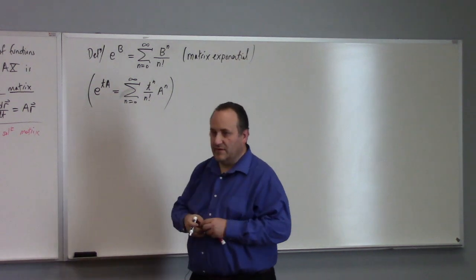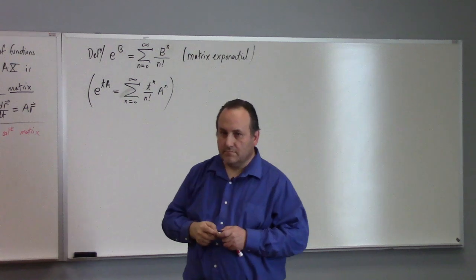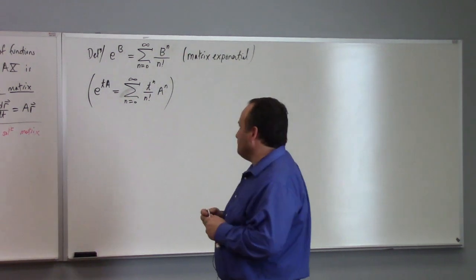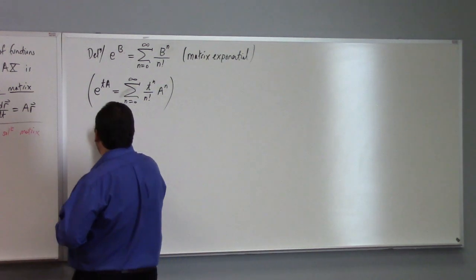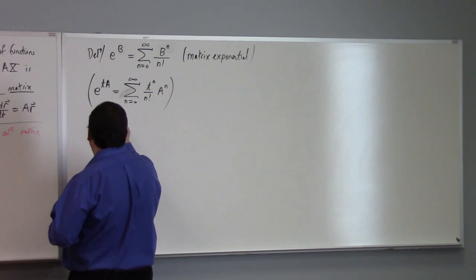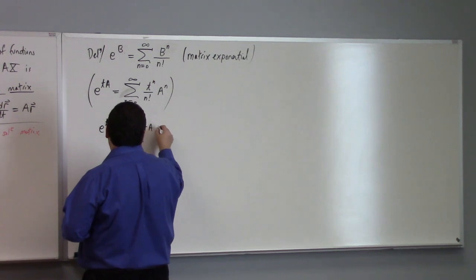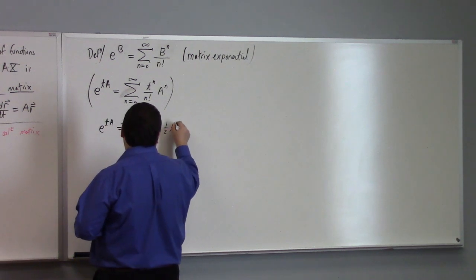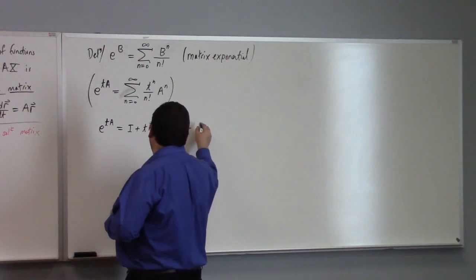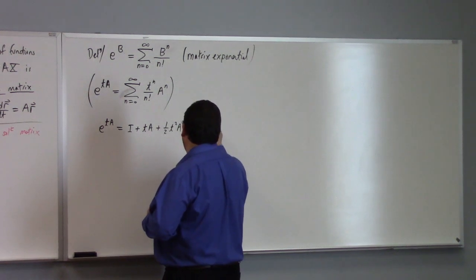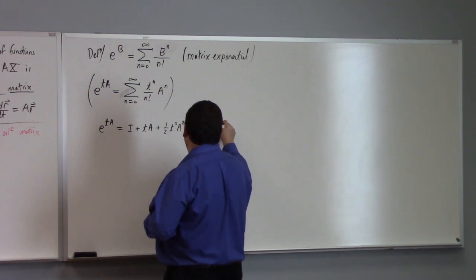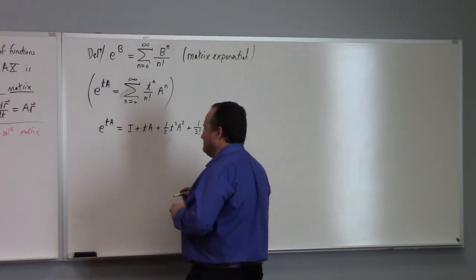Let me write it out. So e to the TA is equal to I plus TA plus 1/2 t squared A squared plus 1 over 3 factorial t cubed A cubed plus dot dot dot, right?